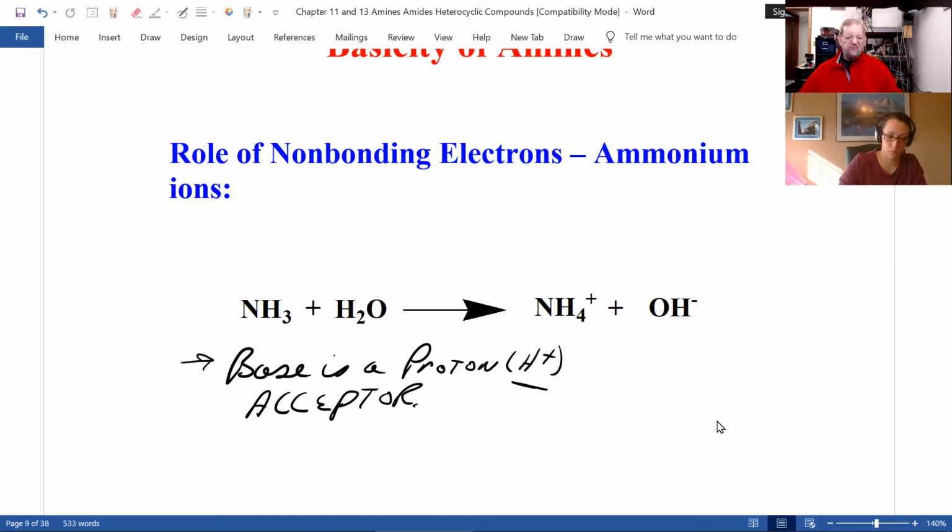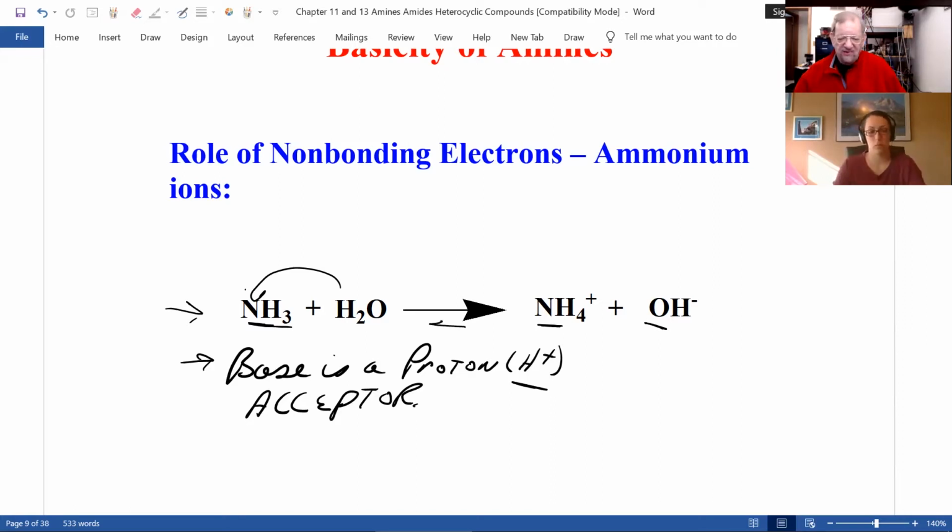We're talking about H+. So ammonia is a very strong base, takes a proton from water, and you form ammonium hydroxide. Oh, by the way, if you ever go to the supermarket and buy ammonia solution, it's really not ammonia, it's really mostly ammonium hydroxide.